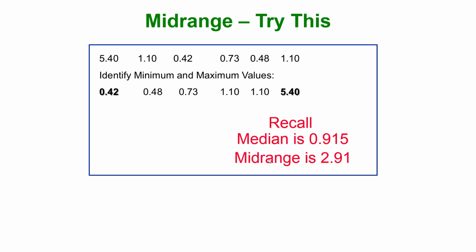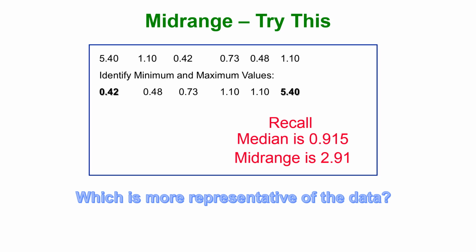Remember that when we calculated the median of this same data set, it was 0.915, quite a bit different. If I told you a data set has a median of 0.915 and a mid-range of 2.91, you'd probably realize that most of the data values are smaller and that something threw off the mid-range.